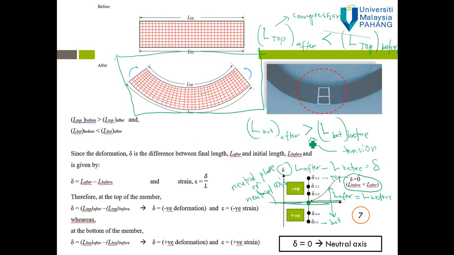By definition, the neutral plane or neutral axis is the plane or axis that has zero deformation. And note that this neutral axis or neutral plane passes through the centroid of the cross-sectional area of the beam.